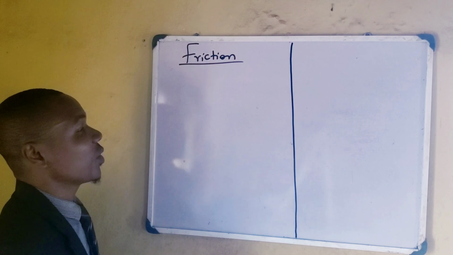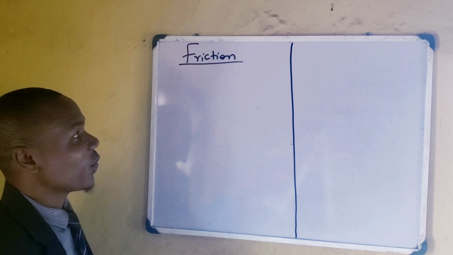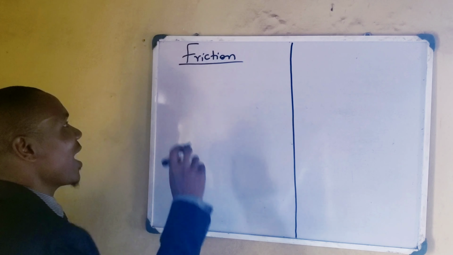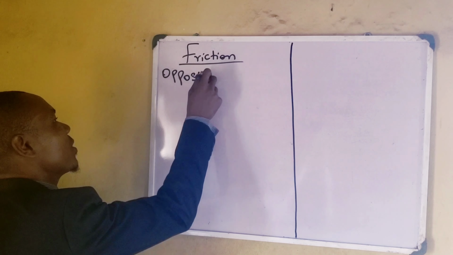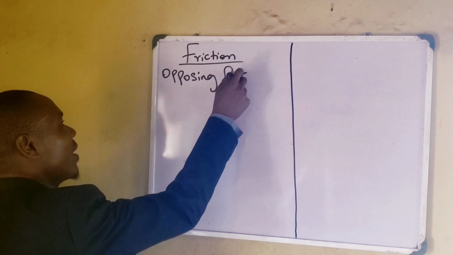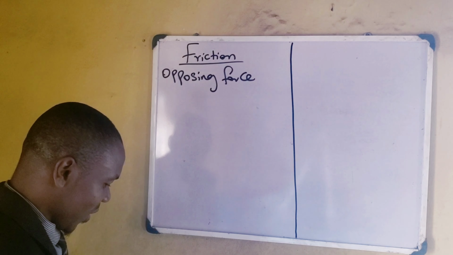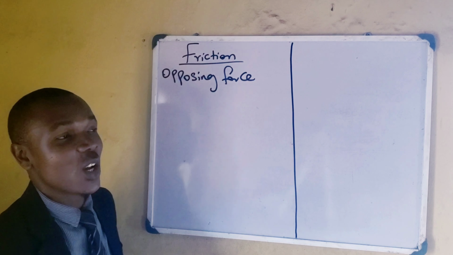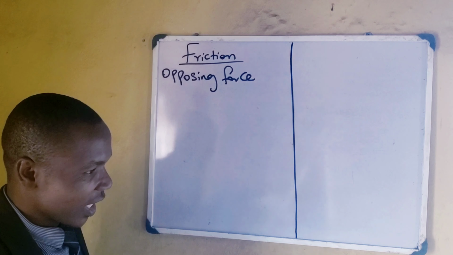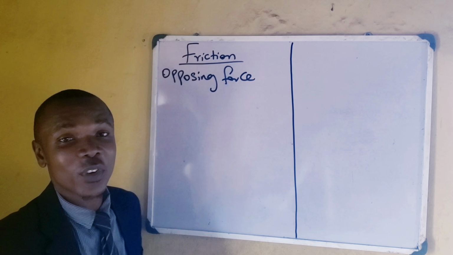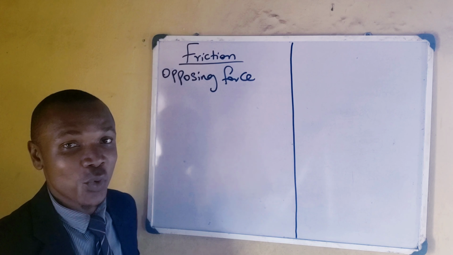When you hear friction, what does it mean? Friction simply means an opposing force. When you say opposing force, what do you mean? It simply means that this friction is trying to tell you not to move in the direction that you're supposed to move.